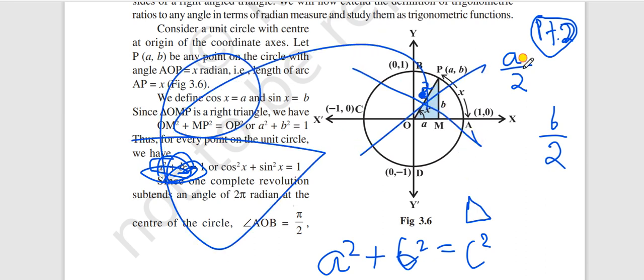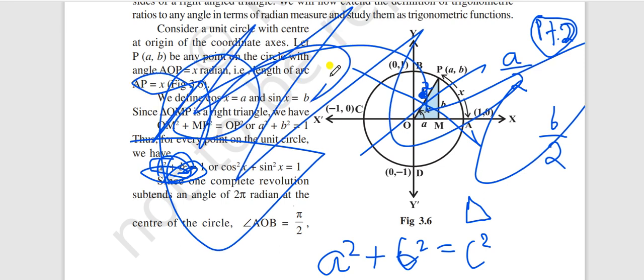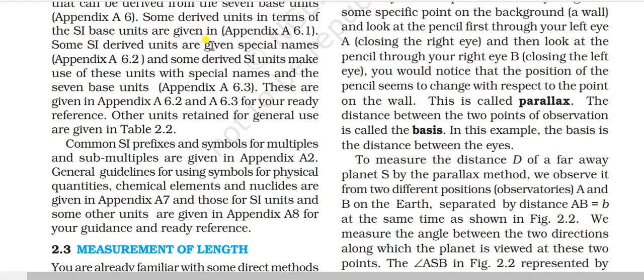Don't think about this chapter only; let this chapter drift out of your brain. A is one side, B is one side, C is the hypotenuse, and this is 90 degrees. So a square plus b square, if we take the square of this side, will be equal to the square of this side. Simple, simple, simple.